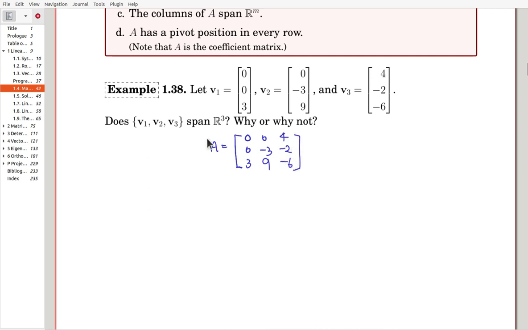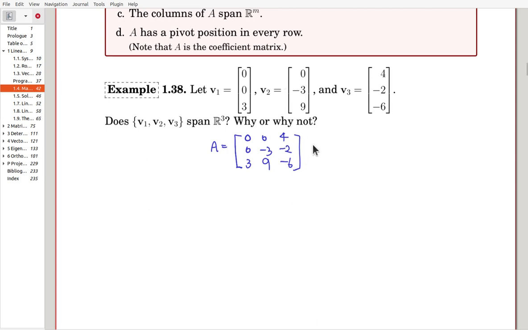So the columns of this matrix span R3 is the same as the matrix having a pivot position in every row. Okay, so check that statement D.